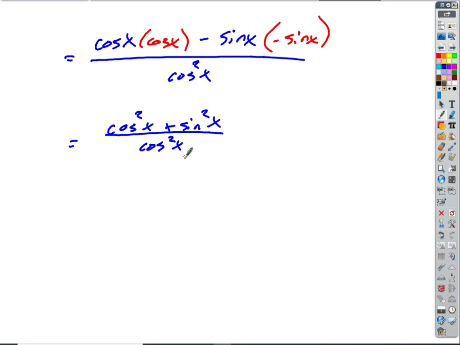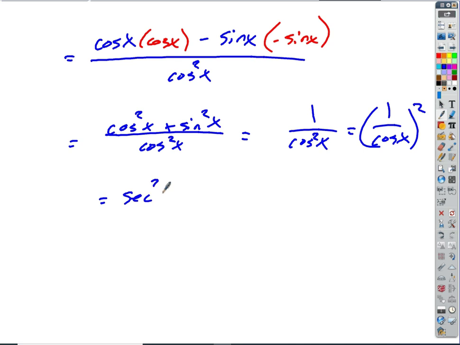Okay? So I get 1 over cosine squared x, that's the same thing as saying 1 over cosine x quantity squared, right? And what is 1 over cosine x? Secant. So we end up with secant squared x. That's what we get when we differentiate tangent. Okay?